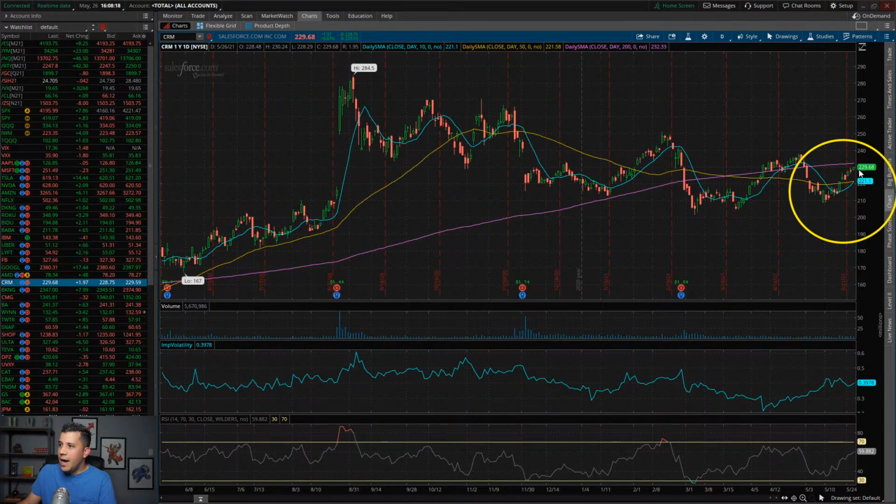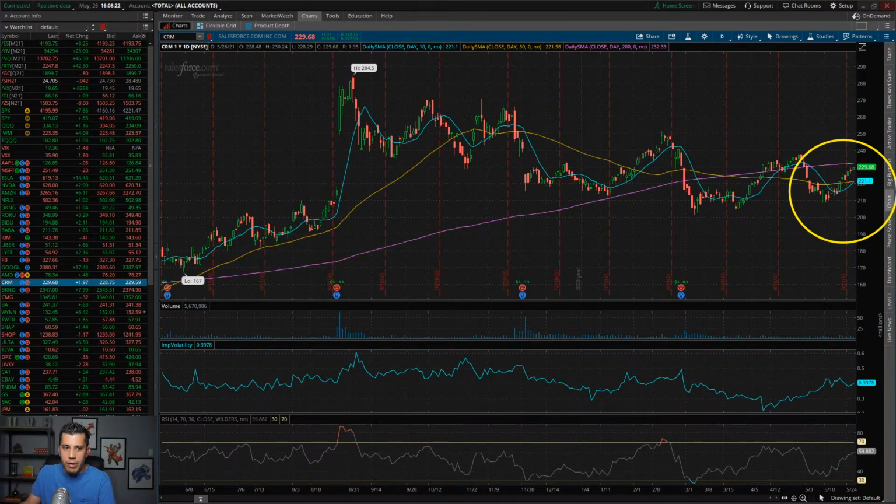CRM for earnings tomorrow. Now CRM, I think, is in an interesting spot. Let me pull up the 1 year here. For me, it's looking dicey, because we're below the 200-day moving average.